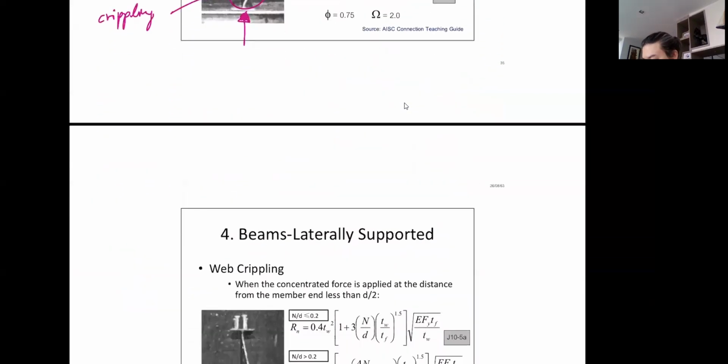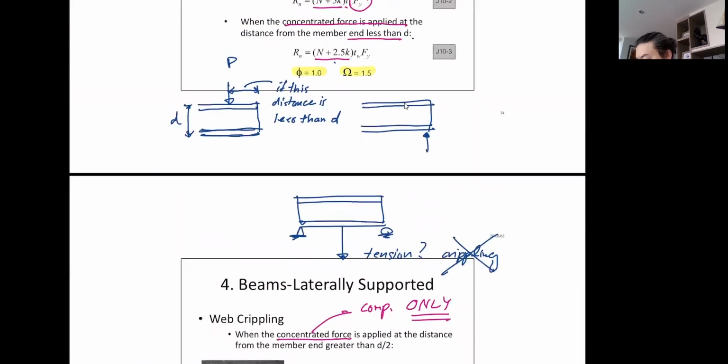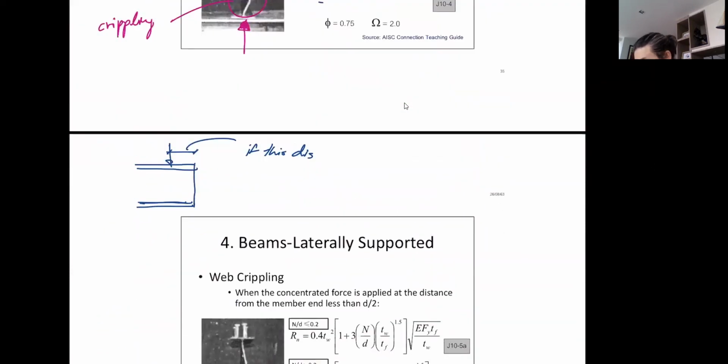But if the load is so near the support, like the one that I just drew, this time, if this distance is less than d/2, see that's a difference.